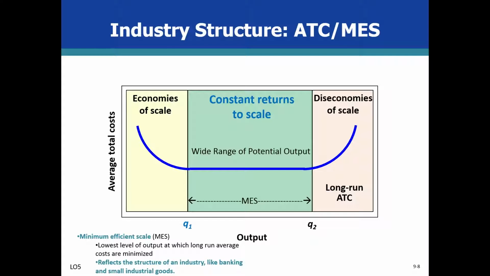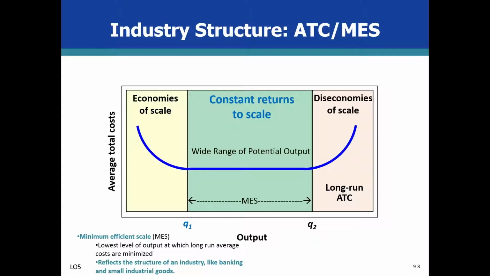And minimum efficient scale happens when there is a wide range of potential output that delivers the same average total cost. This is shown on the graph where the average total cost curve is flat across that wide range.